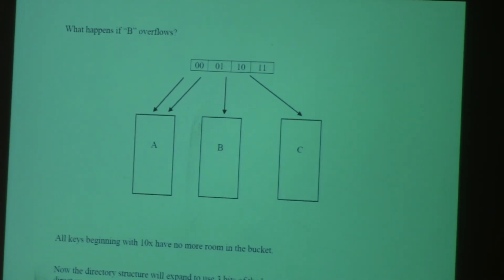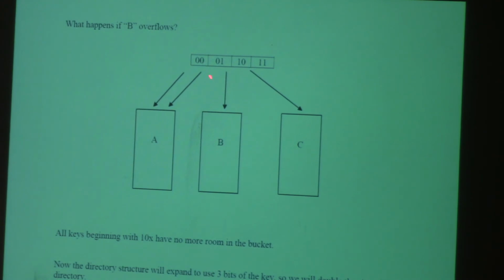What happens, for example, if B overflows? Keep in mind, this is A, this is A, this is B. So what happens when B overflows? Notice that B is 1, 0. Well, when 1, 0 overflows, that means you're going to have to split 1, 0 into 1, 0, 0 and 1, 0, 1. Which means that you're going to force a 3-bit address across the whole index.